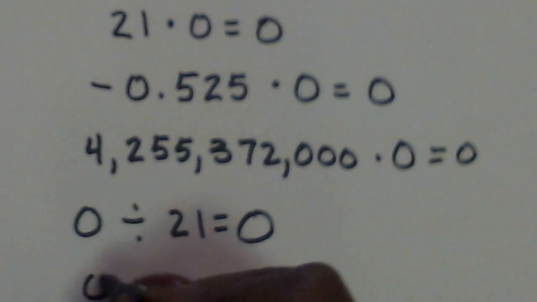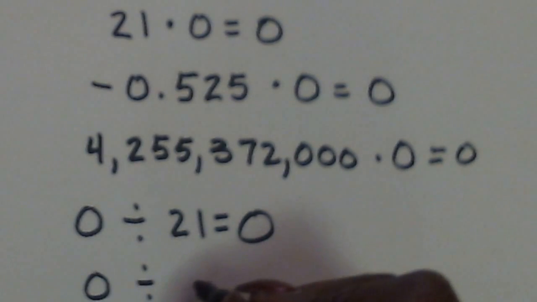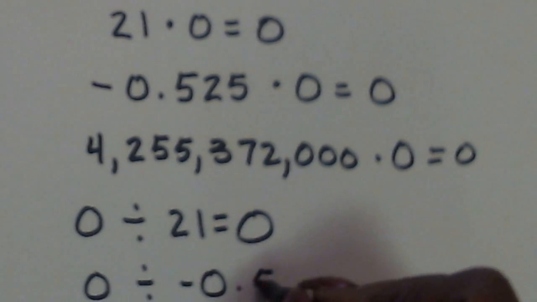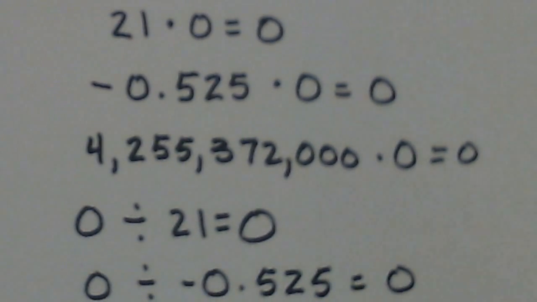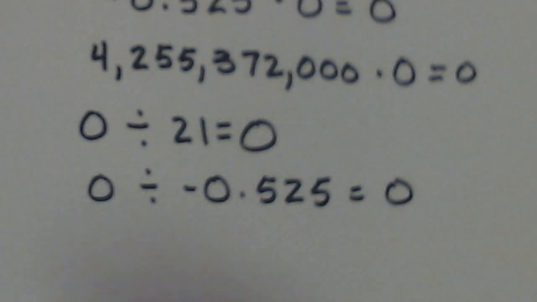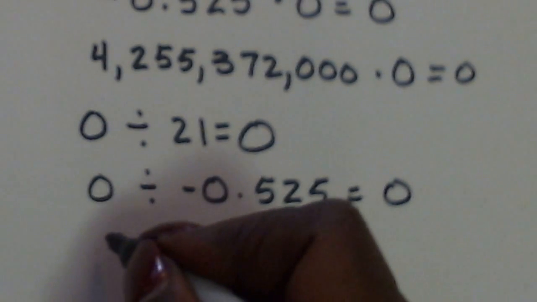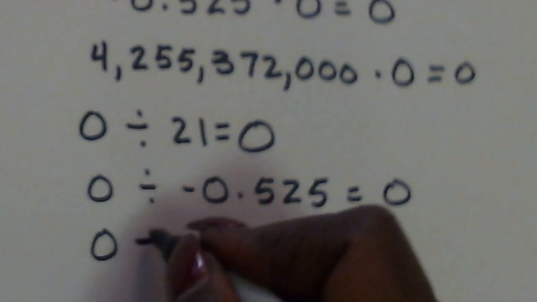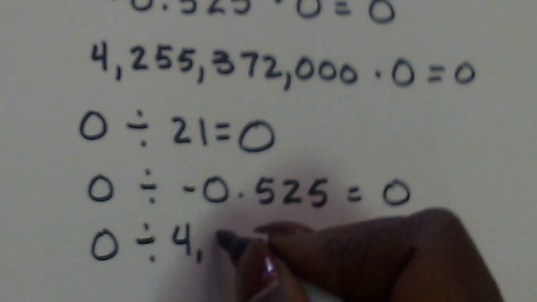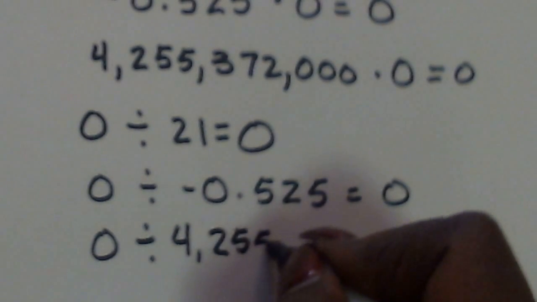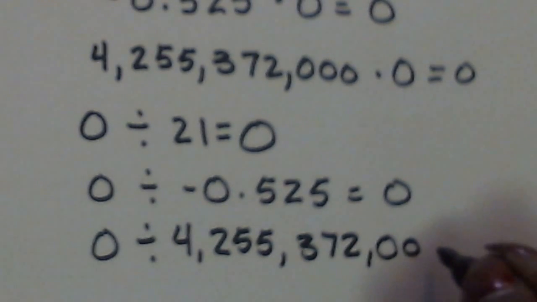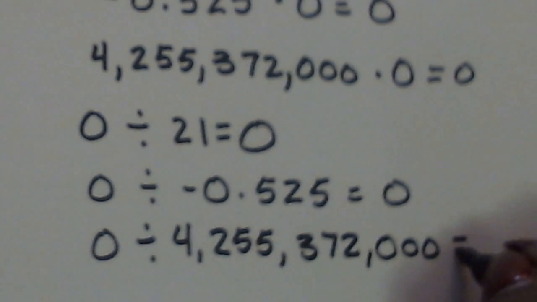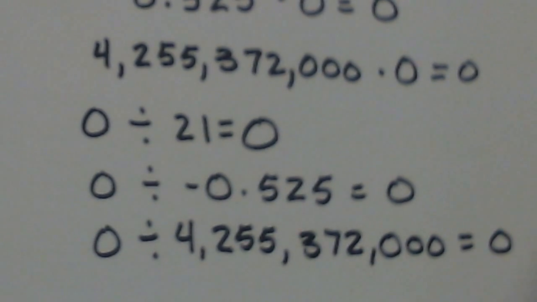So if I had 0 divided by negative 0.525, the answer would be 0. And last, if I had 0 divided by 4,255,372,000, the answer would be 0. That's it.